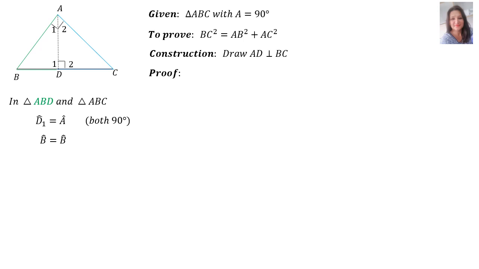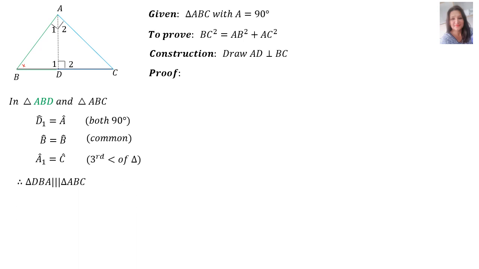We can also say that this little angle there, B, is equal to B because it's the common angle. And then without thinking, we can say the third angle, the one that's left now, that is angle A1 in the green triangle, is equal to angle C in the big triangle. And your reason, third angle of a triangle.